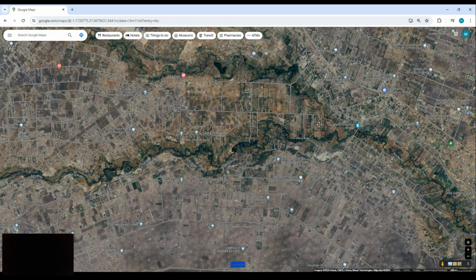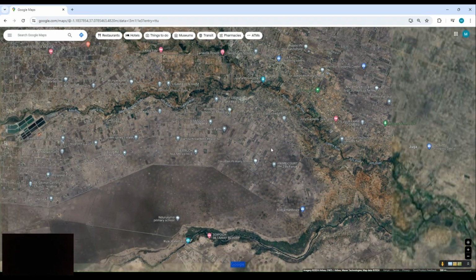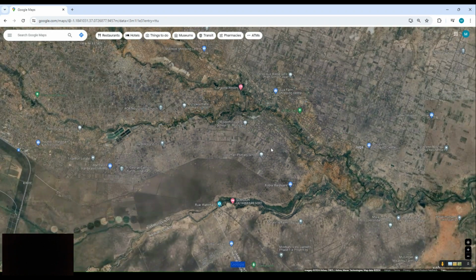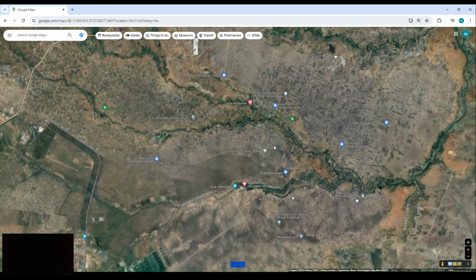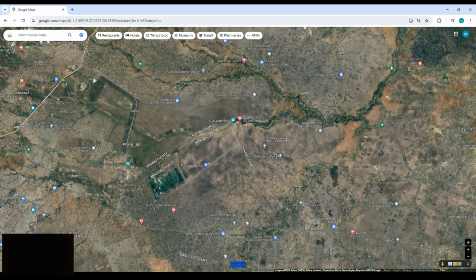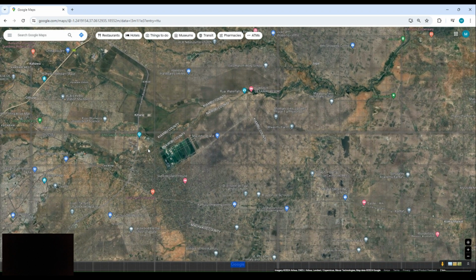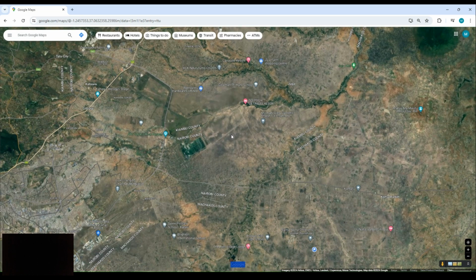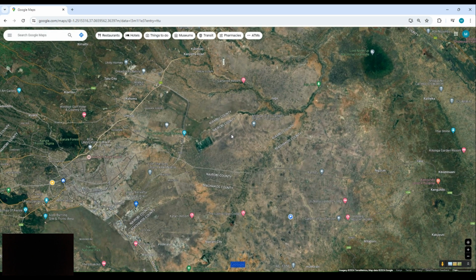So very, very interesting maps that showcase the flooding situations that we are currently going through in Kenya and specifically in Nairobi.